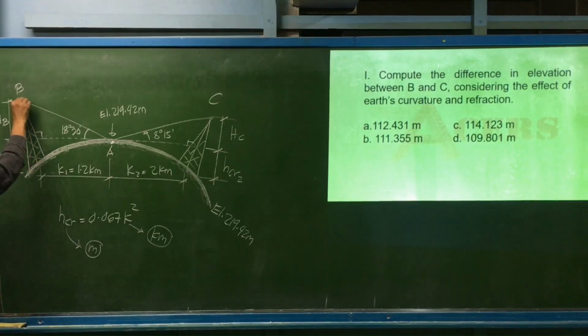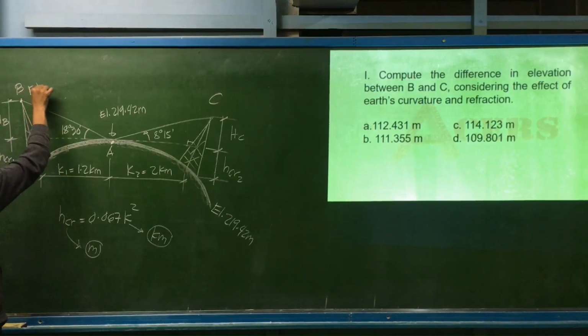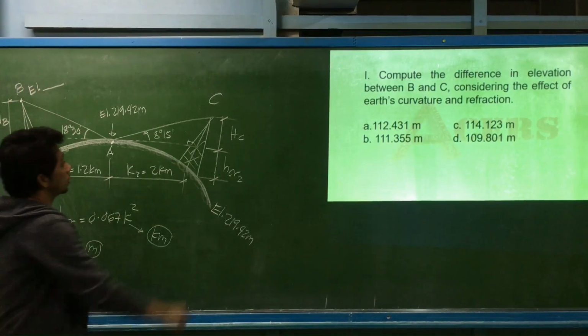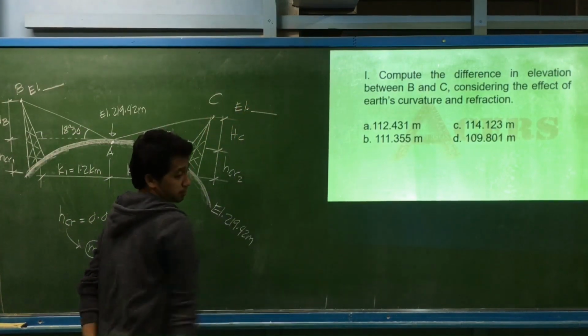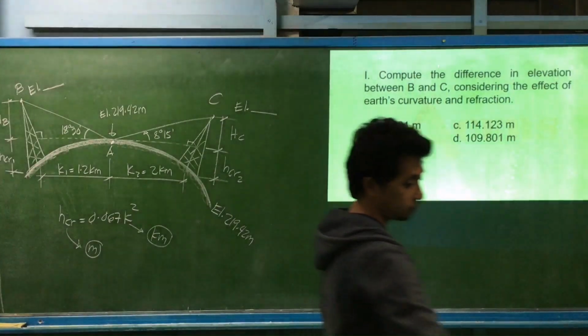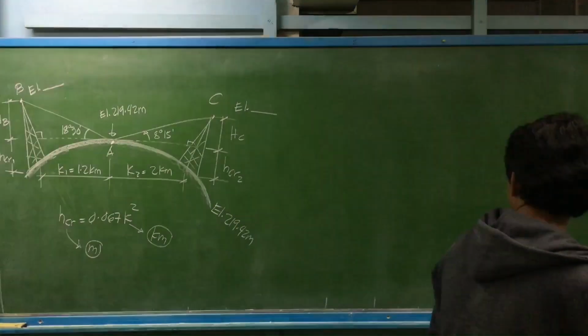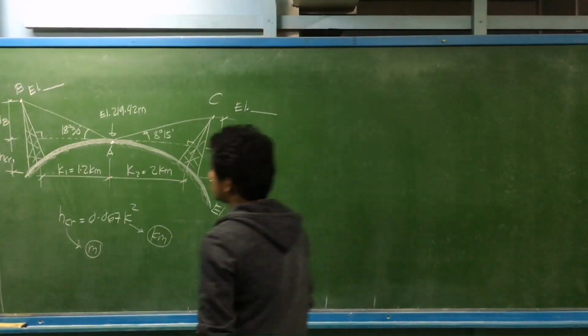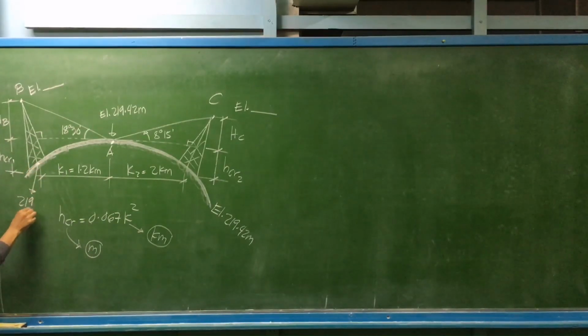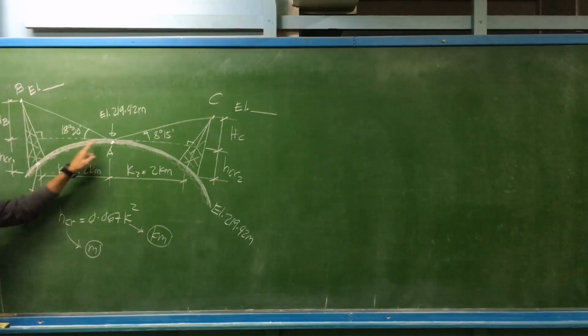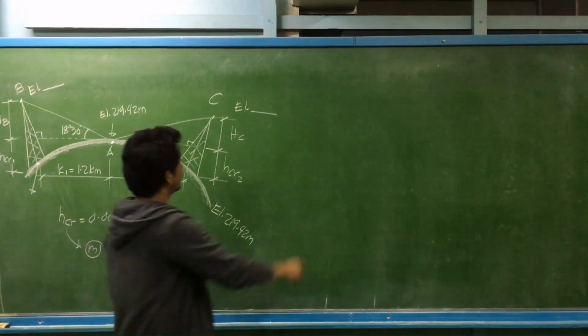Pwede natin gawin, kunin natin yung elevation sa B at saka yung elevation sa C. Okay, so take note na pag dito tayo magsisimula, sa point na yan, ang elevation na yan is yung elevation ni point A. Ang elevation na to is 219.42.